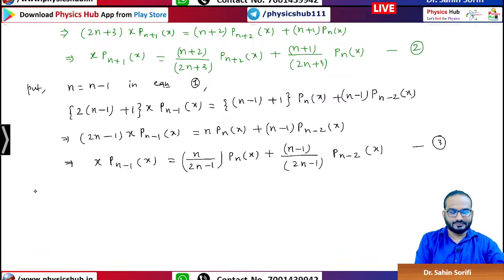And that is why, when you calculate the integral from minus 1 to plus 1 of x square Pn plus 1(x) Pn minus 1(x) dx, what you can write?